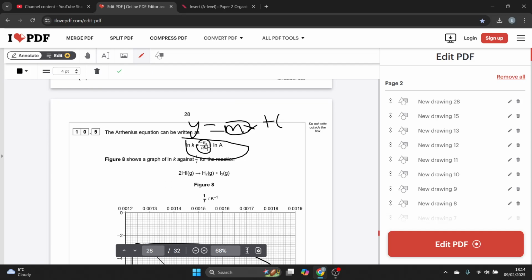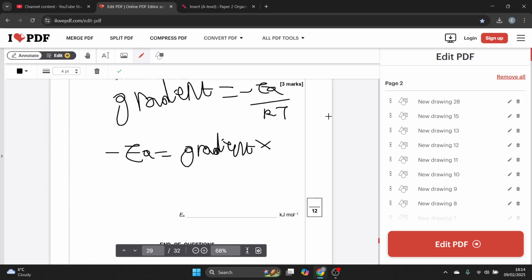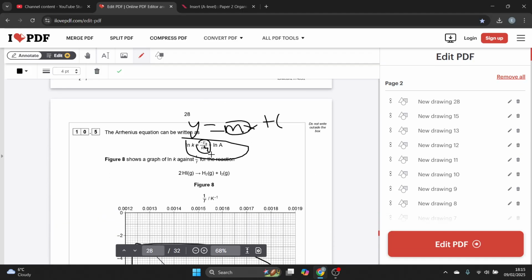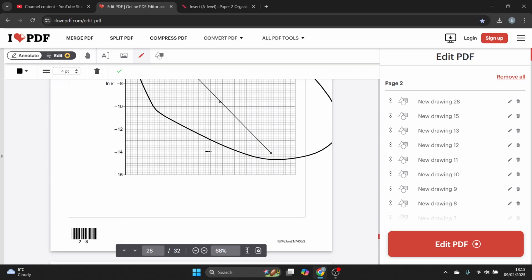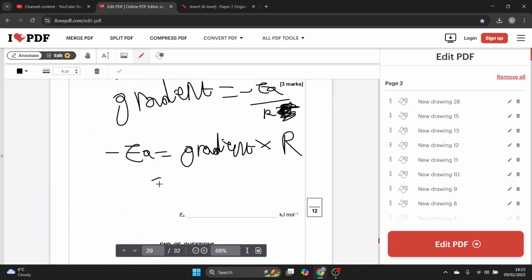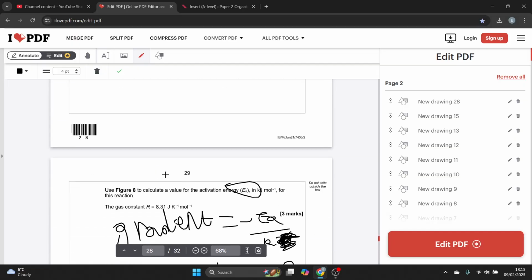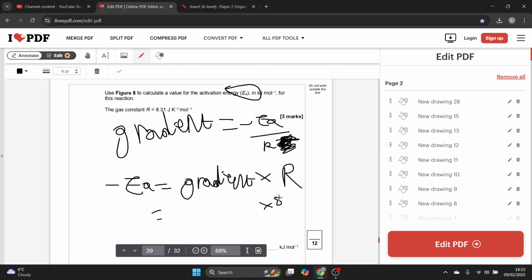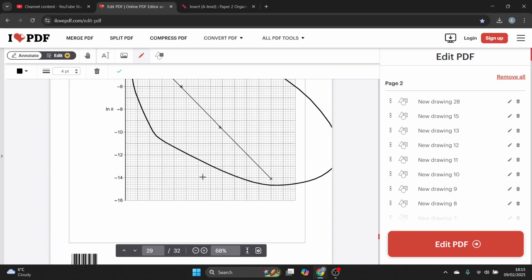So I don't care about T. The gradient is minus EA over R. That would be a massive mistake if I did that. X in this case is T. Therefore, all I need to do now is find the gradient and then multiply it by R, which is 8.31. So let's do that.